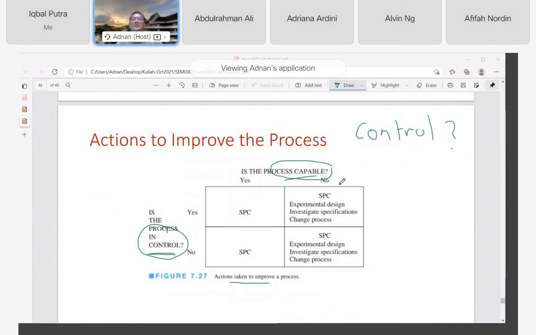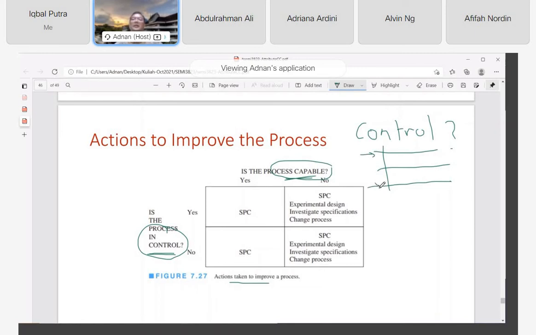A process is capable or not, has capability or not. Capability depends on the tolerance that we set. You still remember, control is determined by the process. You have a control chart. Is it in control or not? Basically, the simplest way to see the control is to compare with the control limits.